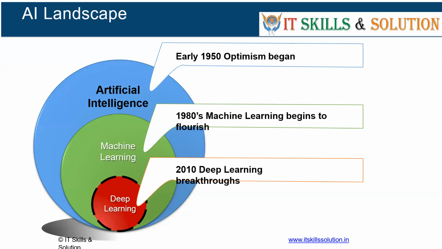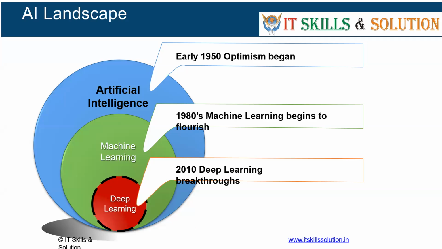Basically, machine learning was invented, I think, in the 1960s, but the theory of machine learning came around 1916. After that, in the 1980s, people started implementing models with the help of machine learning algorithms, and at that time there were only a few algorithms. After the 1990s, when SVM came, which is one of the machine learning algorithms, support vector machine, many machine learning models started being built.